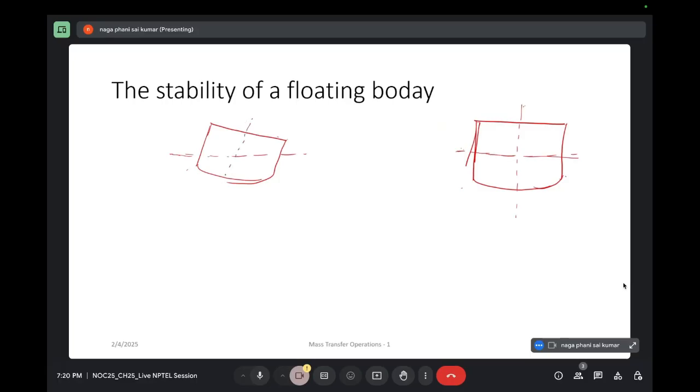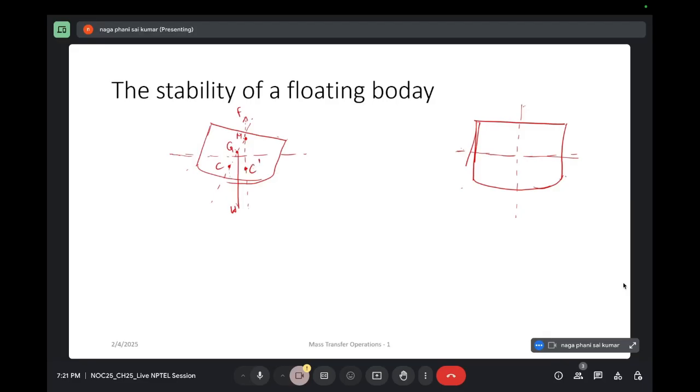So the boat has center of gravity and center of buoyancy as well, right? So let's say G is the center of gravity, and we have two terms, G, C, and this is M.